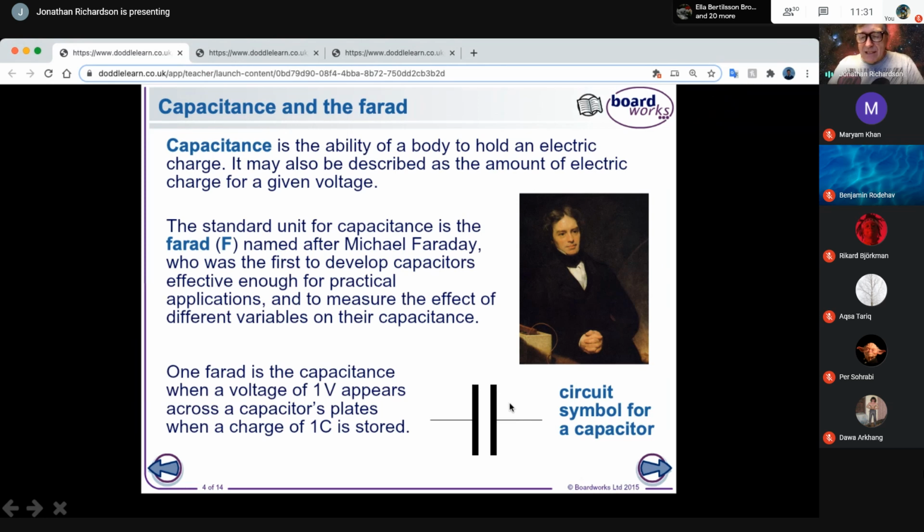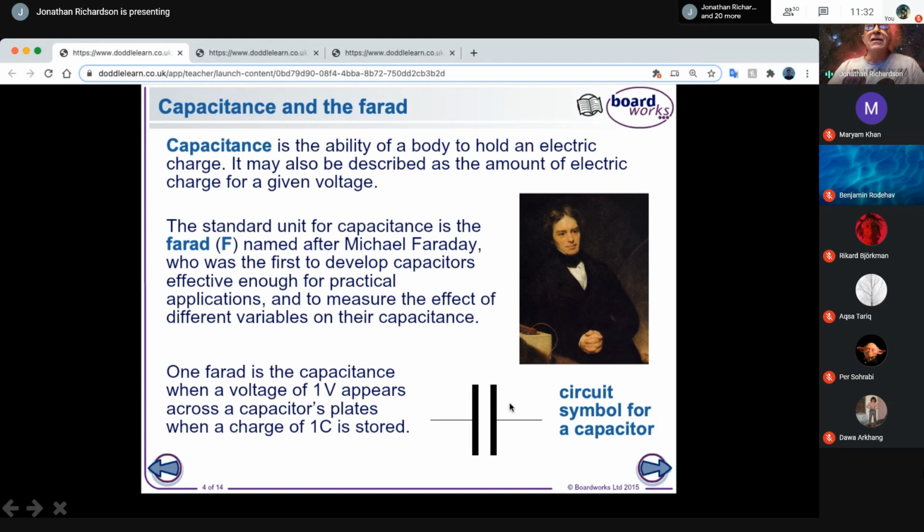So if I take my capacitor just here and place it onto my battery, there is actually no physical connection between the top and the bottom. I'm trying to get this to stay in place. So inside here, there is a physical barrier, an insulating barrier.